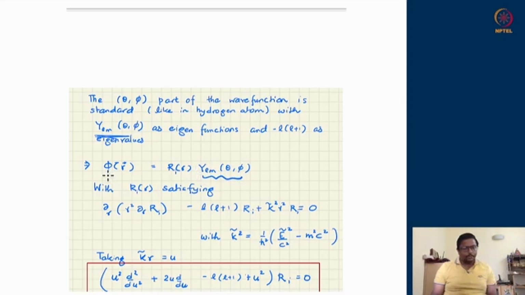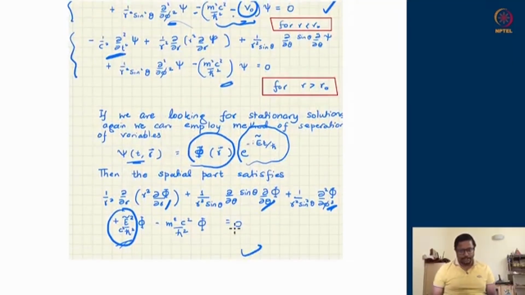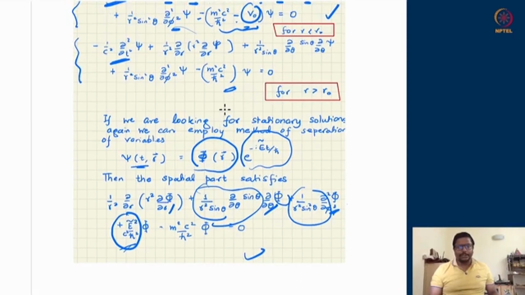So therefore I know my state which I am looking for, phi of r, can have a non-trivial structure in the radial direction, but in the angular direction it better be Ylm theta phi, which provides a good basis. And they satisfy the Klein-Gordon equation's angular component. So I decompose the angular and the radial part like that. Put this ansatz solution into the differential equation which we are after here. There are temporal derivatives, there are angular derivatives here and here, which will hit upon the phi and give me back Ylm theta phi, because Ylm theta phi are the eigenstates of the angular double derivative operator.